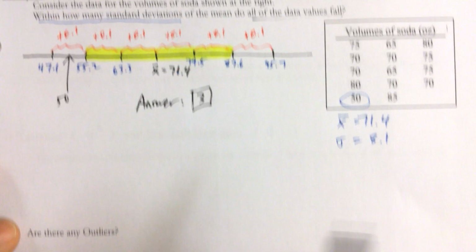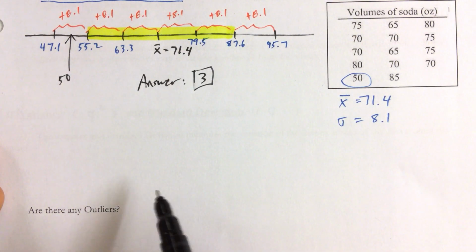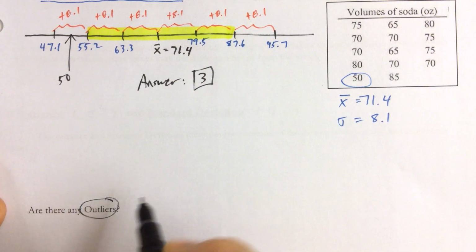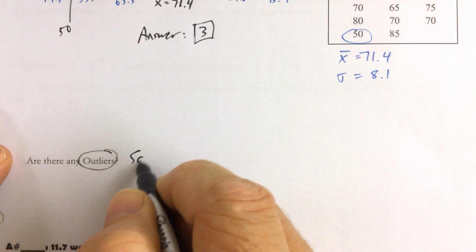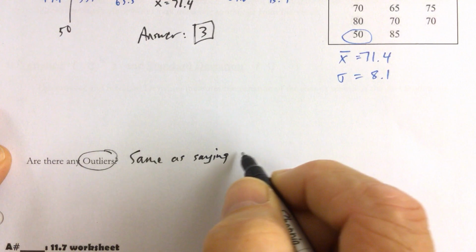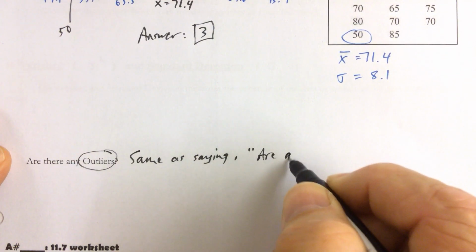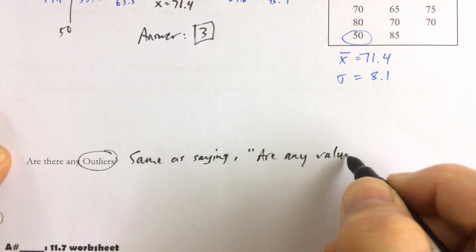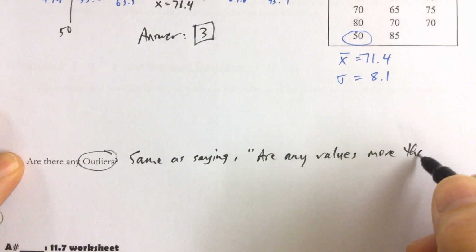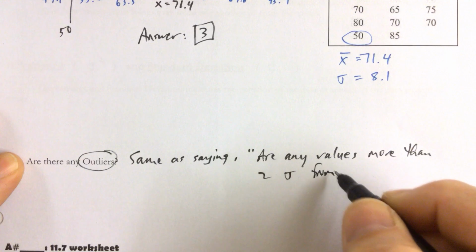And that answers that. Are there any outliers? And so the last question in this packet is, are there any outliers? Well, this is the same thing as saying, are any values more than 2 standard deviations from the mean?